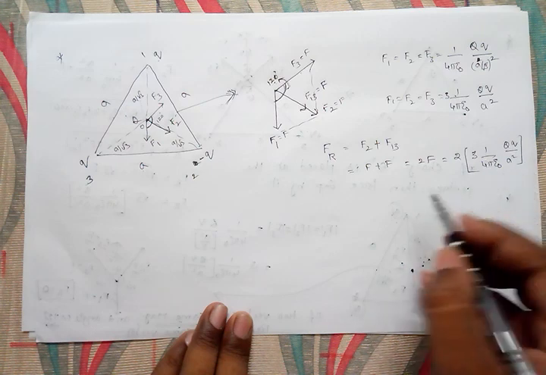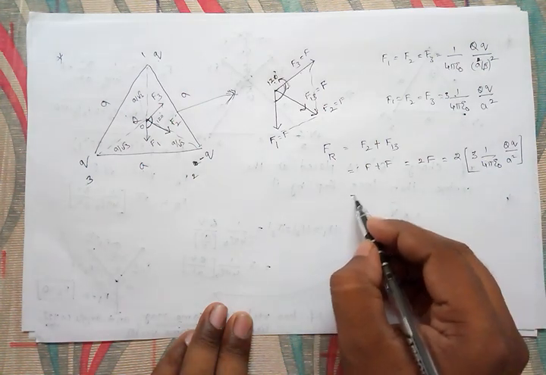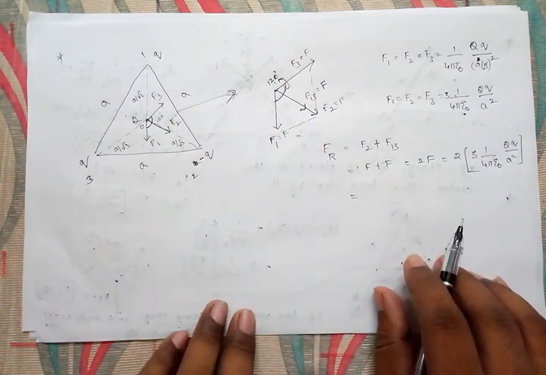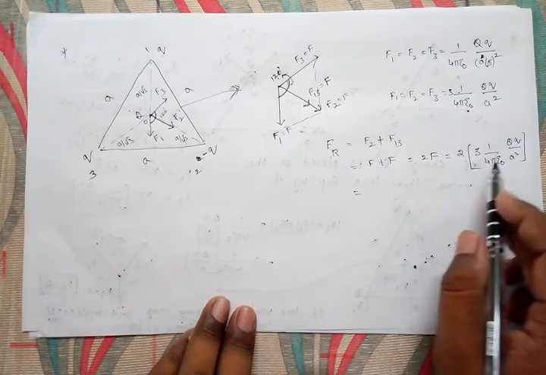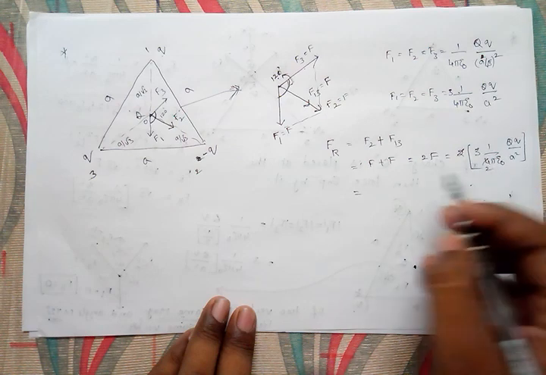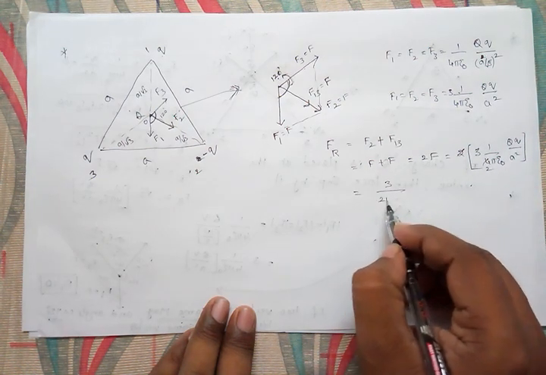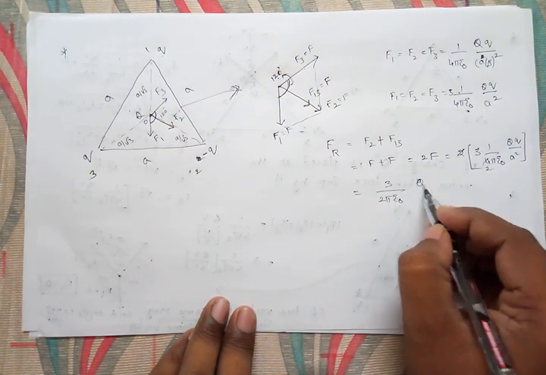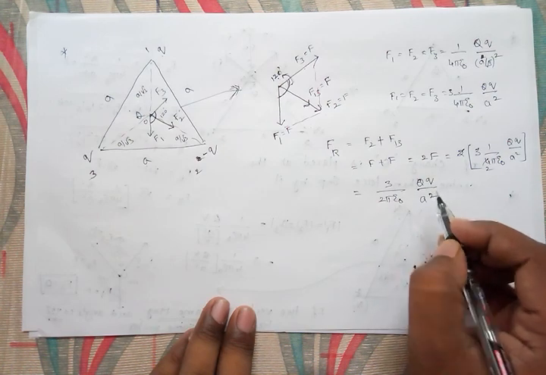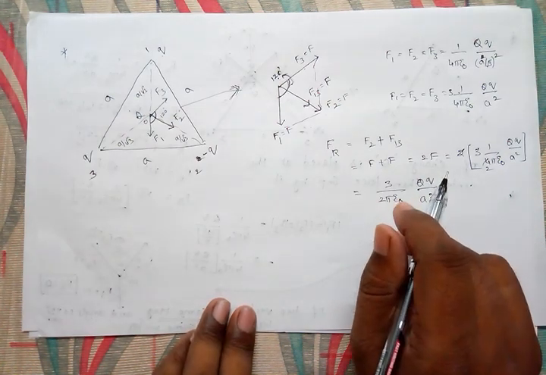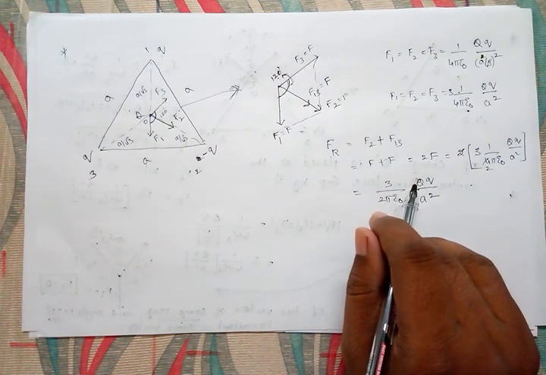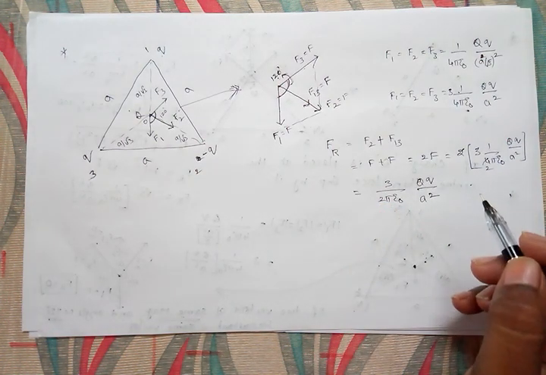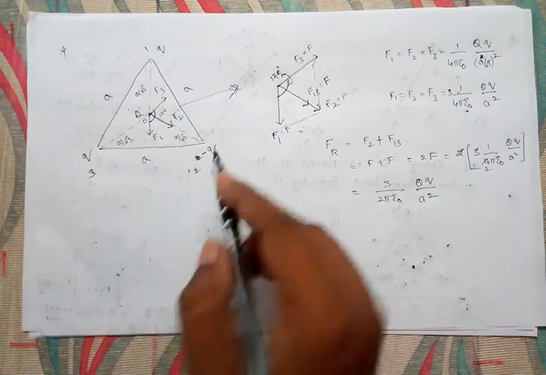Then you can understand, 2 times, so 3 by 2 pi epsilon naught into capital Q small q by a square. This is the result you get when one of the charges is taken negative.